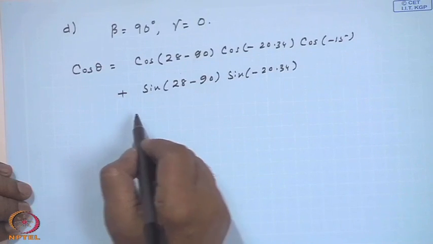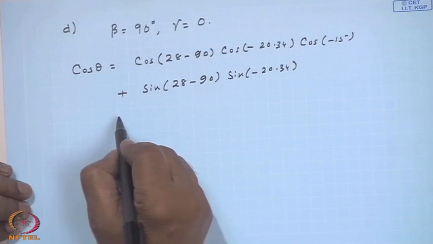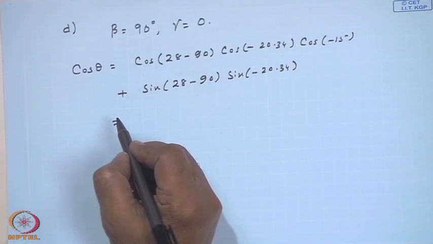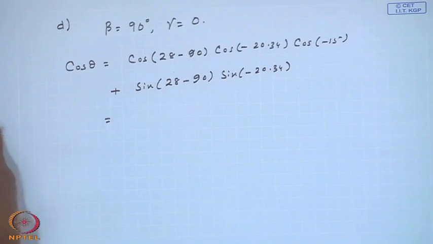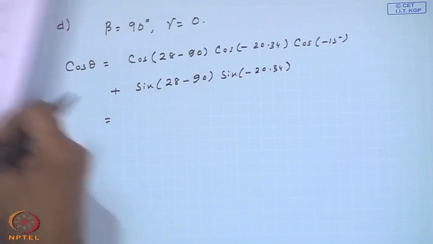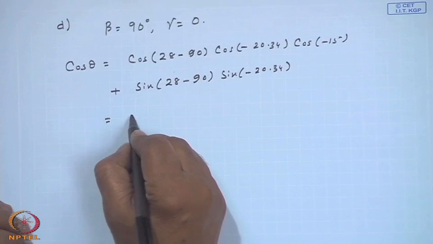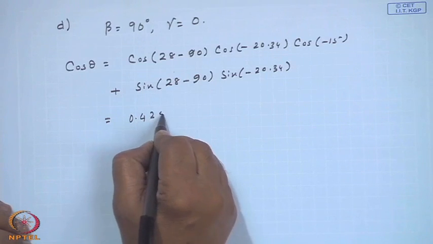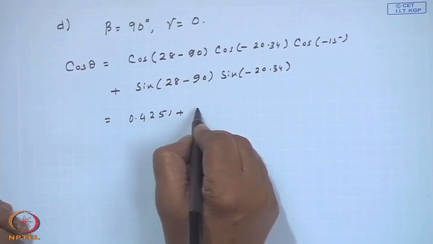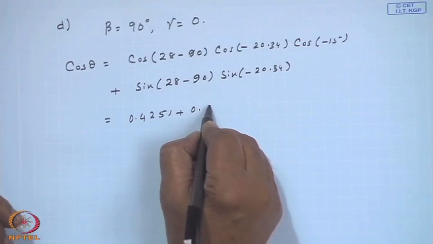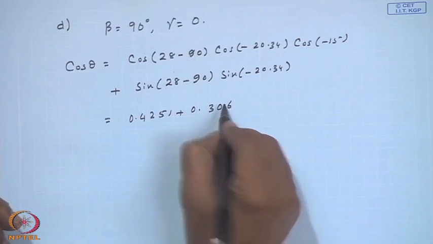So, you have this equal to 0.4251 plus 0.306.